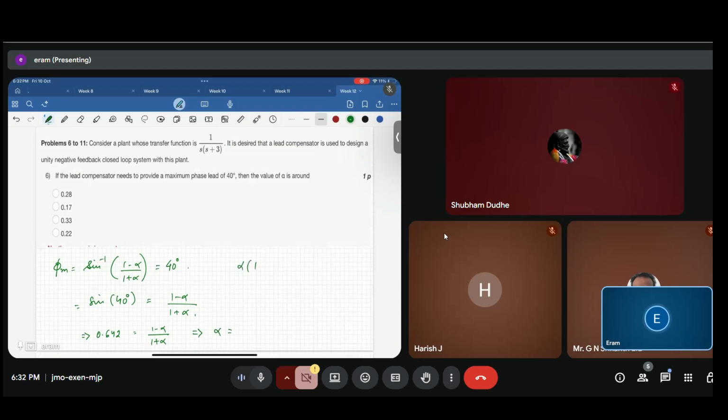So alpha into (1 plus 0.642) will be equal to 1 minus 0.642.